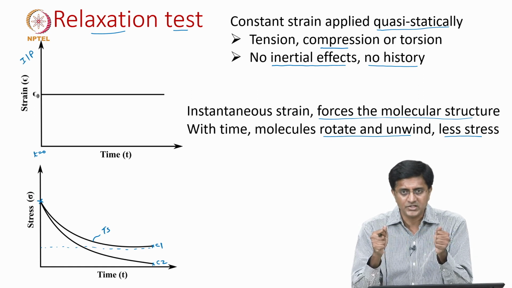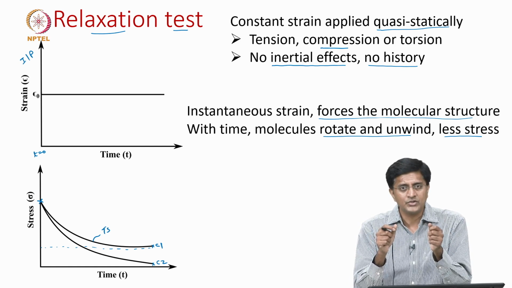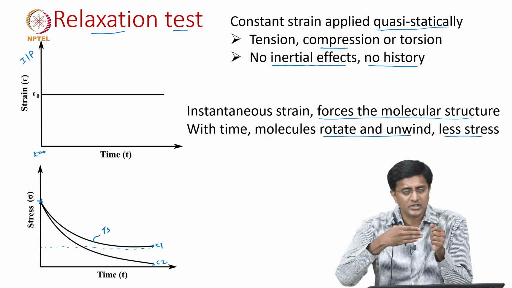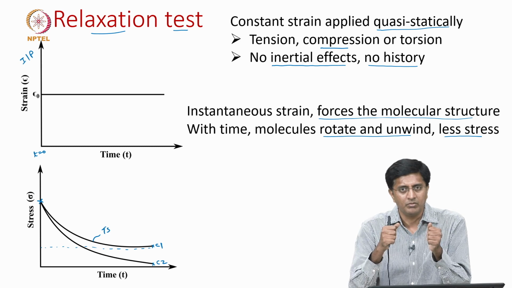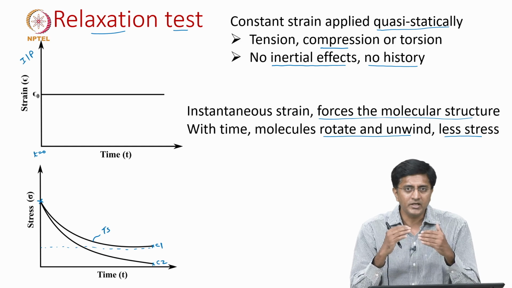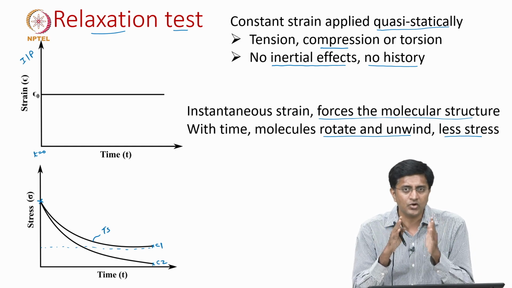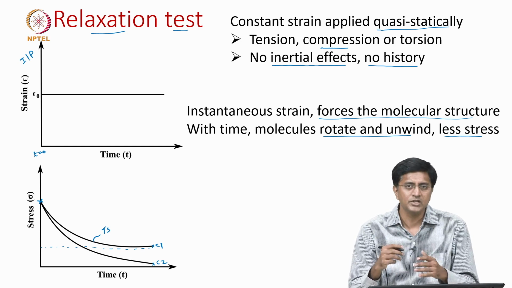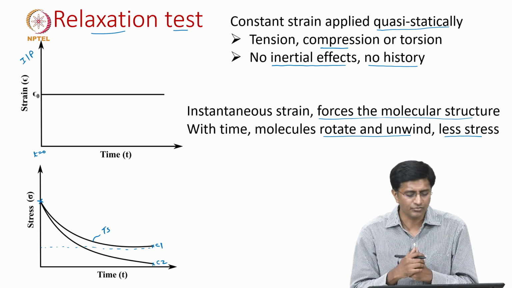Once we stretch, the stretch happens between these cross links, but given time, these molecular chains readjust. Though they are readjusting, it is not like these polymer cross links can move. So, because the cross links are limited in their movement, it finally settles down to a constant stress, even though you give an infinite amount of time.